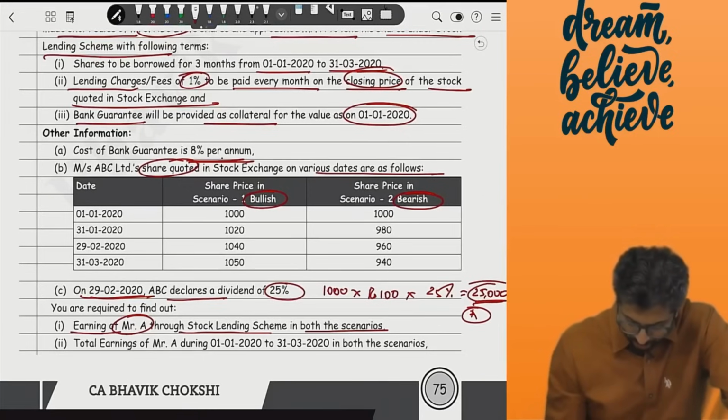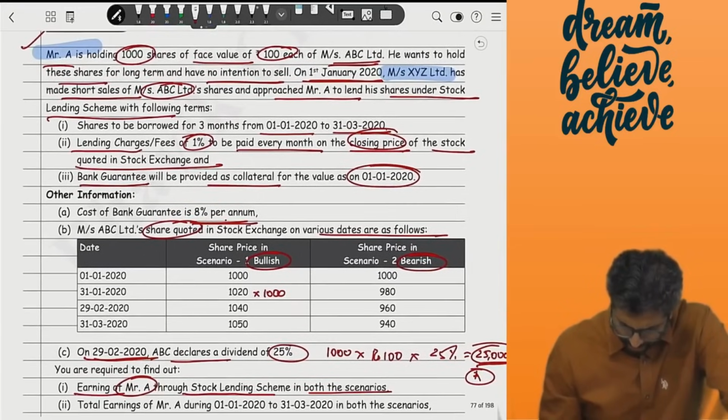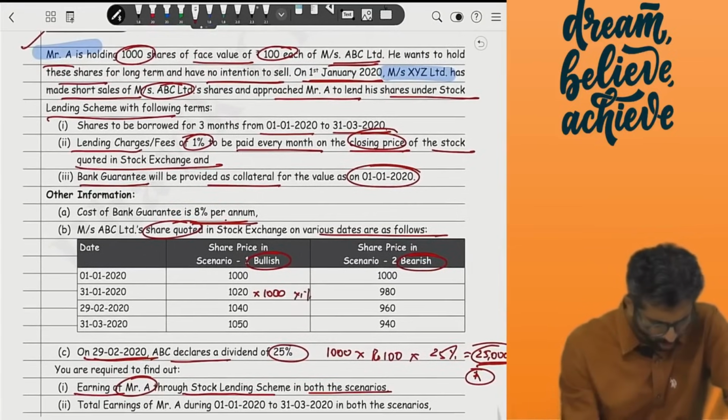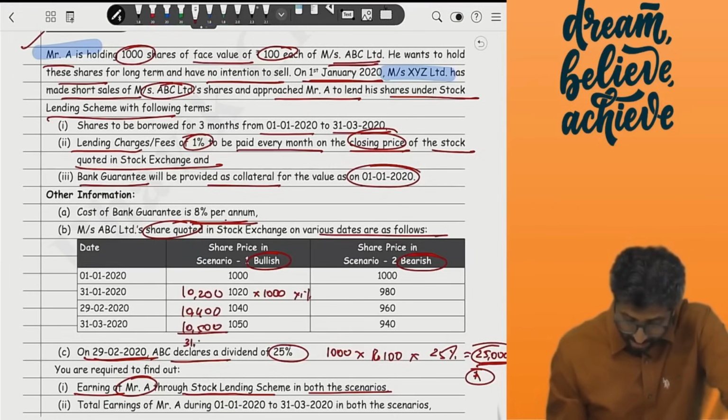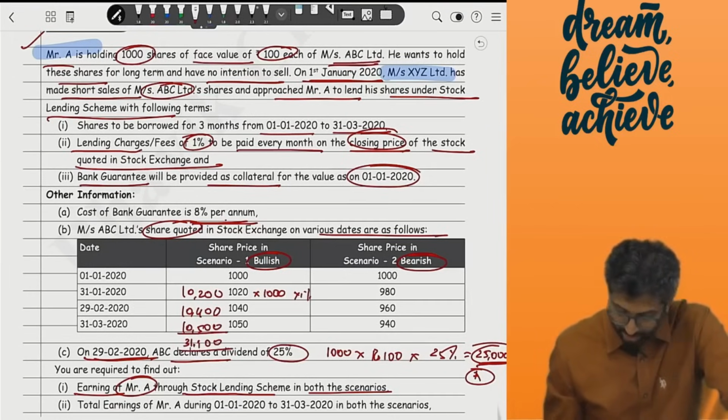So for the month of January, 1020 per share into 1000 such shares into 1% comes to 10,200. Similarly, for the second month this is 10,400, this is 10,500, and if I do the working, this is 31,100 of total income that you will earn.